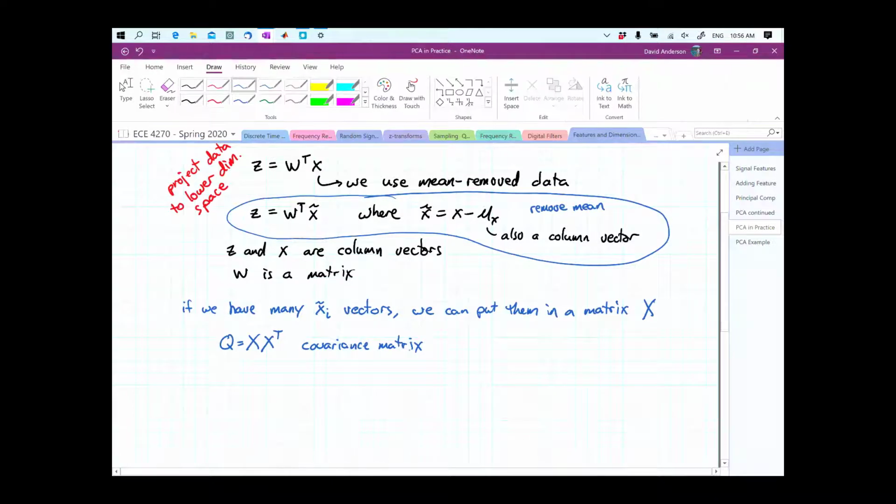And one idea behind principal components analysis, there are actually several ways of approaching this, is to say what we really want is for our projection W to spread the data out as much as possible. So if we are trying to do some classification, then presumably if we can spread the data out, it's going to be easier to see where the different classes are.